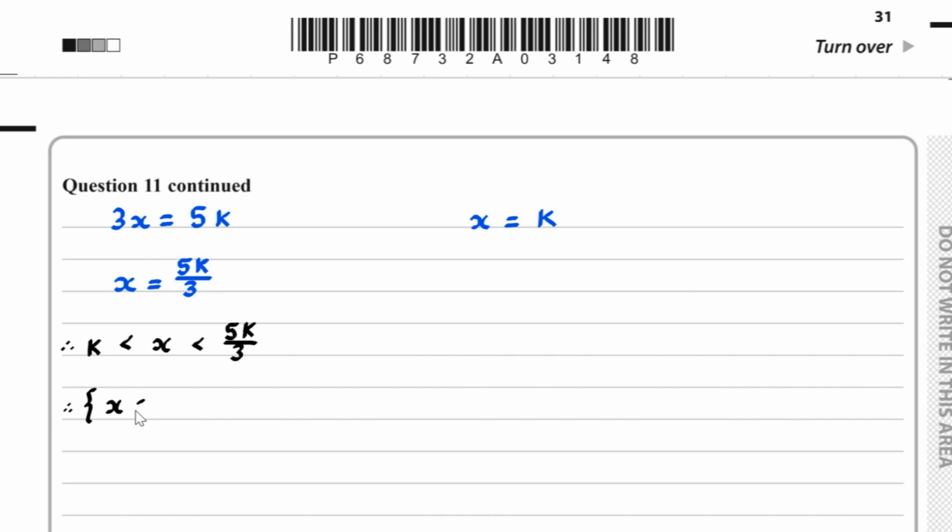x belongs to the set of real numbers, and then we simply copy out our inequality as we see here.